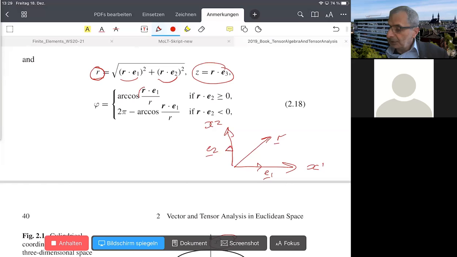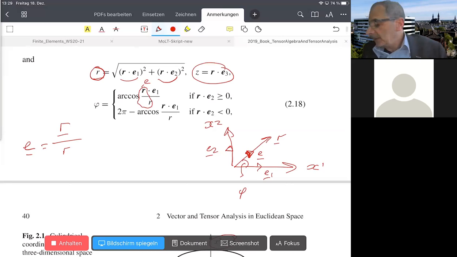This is, look, the vector r divided by this value r is a unit vector in this direction. I denoted it simply by e, right? This is a vector e in the direction of this vector r. And if I multiply this vector e by e1, I get nothing but the cosine of this angle phi, right? Cosine. And then I can take simply the arc cosine function, right? And then get this angle phi, right?